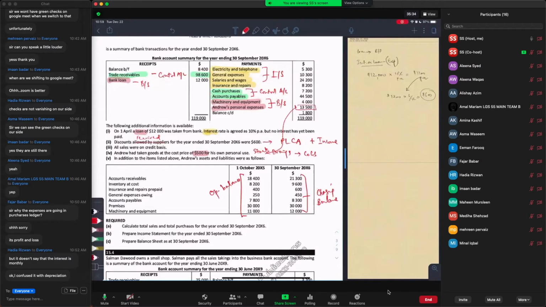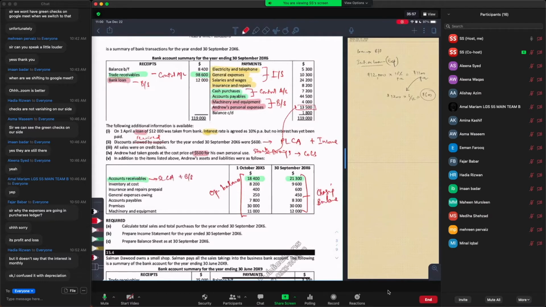So you have accounts receivable here. So we know accounts receivable means trade receivable. So that's the balance brought down for sales ledger control account, and that's the balance carried down for sales ledger control account. So this is going to go to sales ledger control account, plus the balance sheet, right?